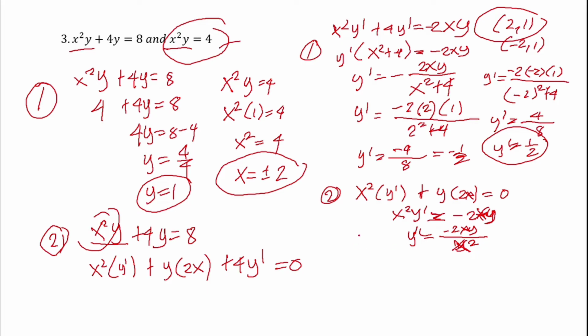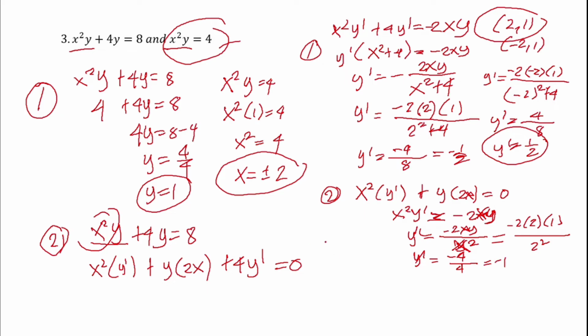So now we have to substitute here. The first value we have is negative 2 times 2 times 1 over 2 squared, so that y prime is equal to negative 4 over 4, that is negative 1.